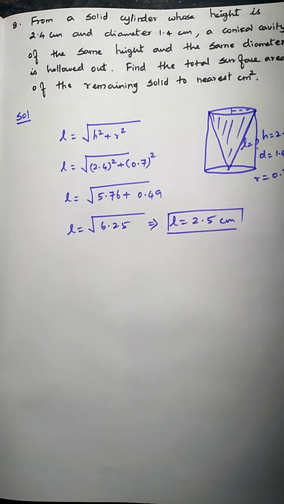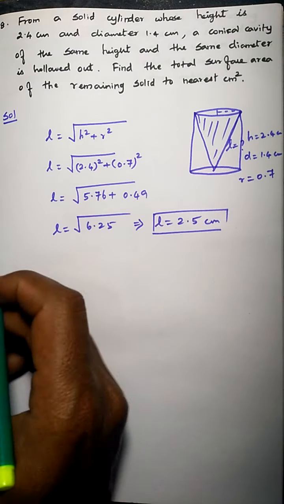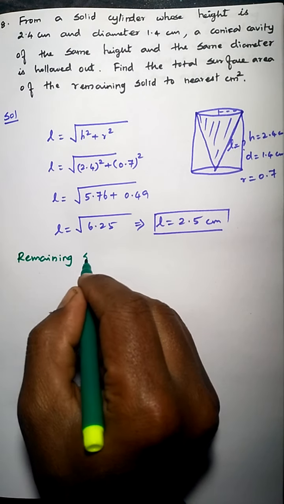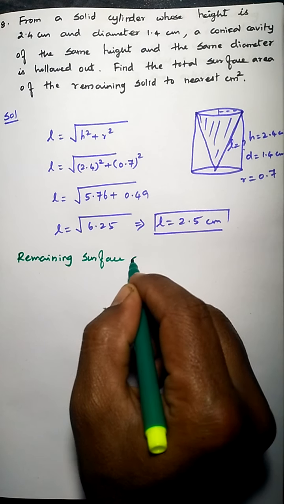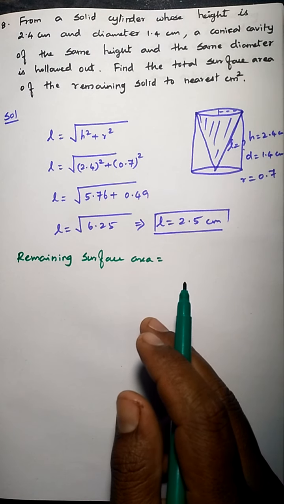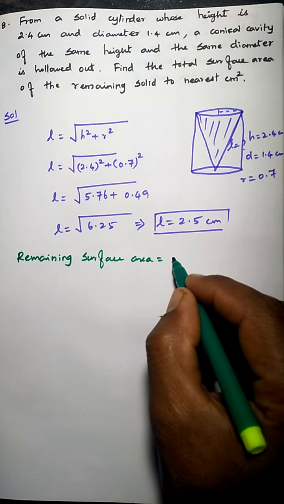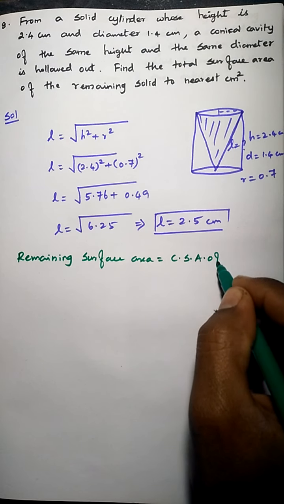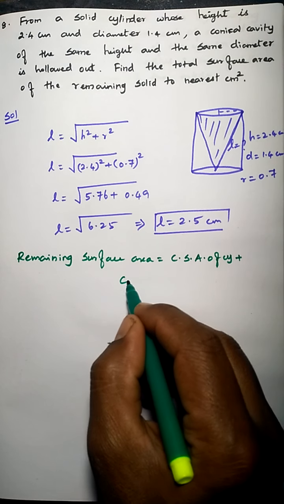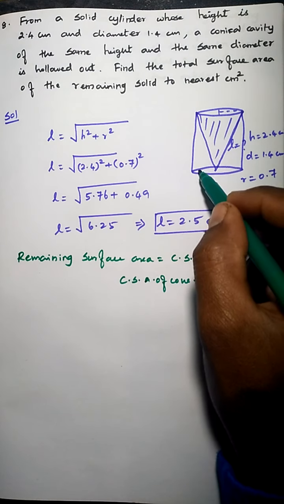Now we can calculate the remaining surface area. So the remaining surface area equals, first we take the curved surface area of the cylinder, plus, since the conical part is taken out, the curved surface area of the cone, plus the bottom.